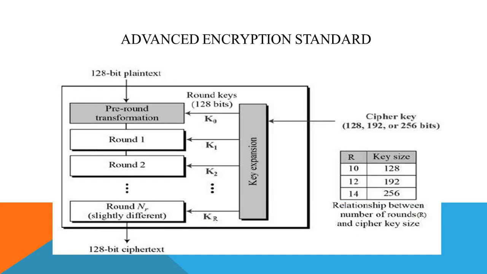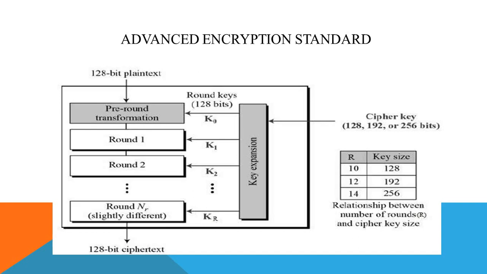Here is the scenario of AES, Advanced Encryption Standard. Here a 128-bit plain text is given to the rounds of encryption: pre-round and transformation. Then round 1, round 2, and so on, through to the final round, to make a ciphertext.